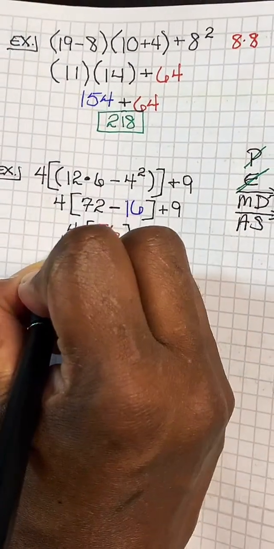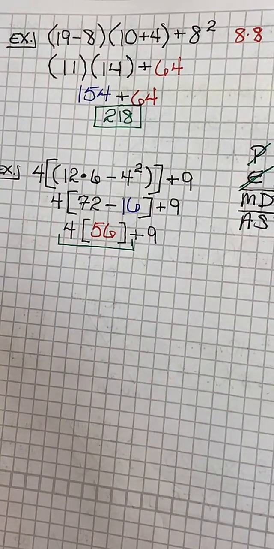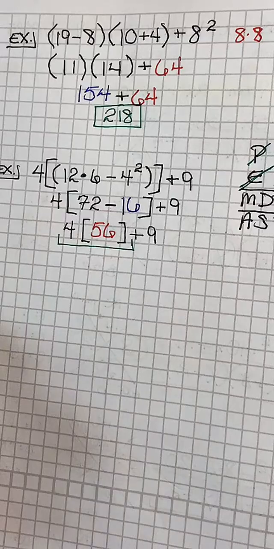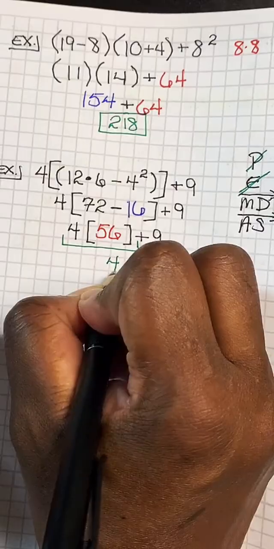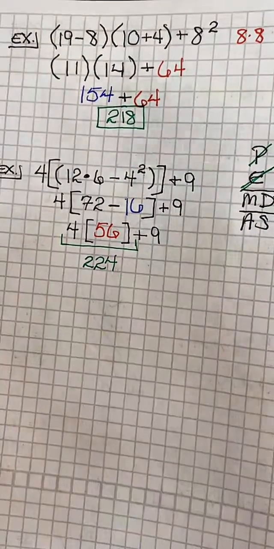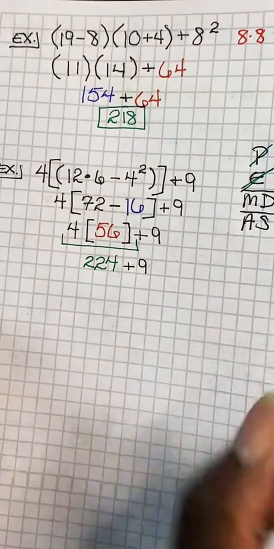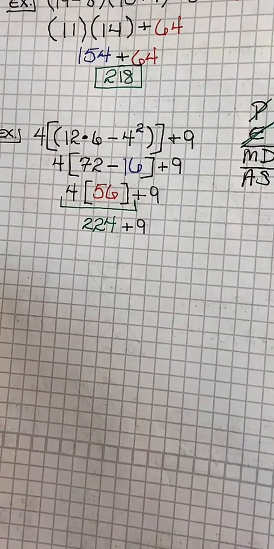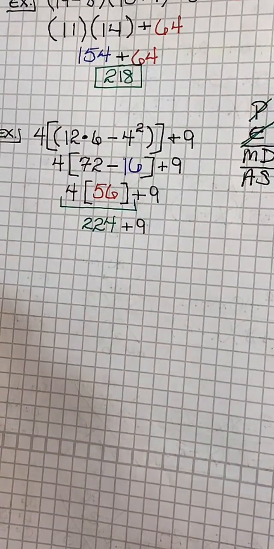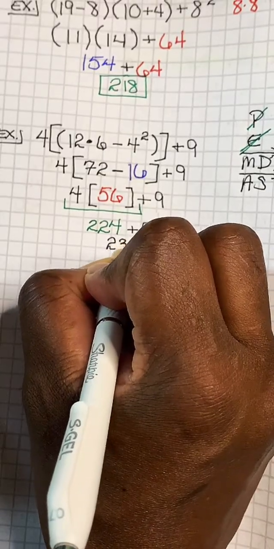Well, we have this multiplication right here. So we need to take that 56 and times it by 4. So that gives me my 4, carry the 2, so that'll be 224. Bring down the plus 9. So now all we have to do is add 9 to that. So that will give us our 233.